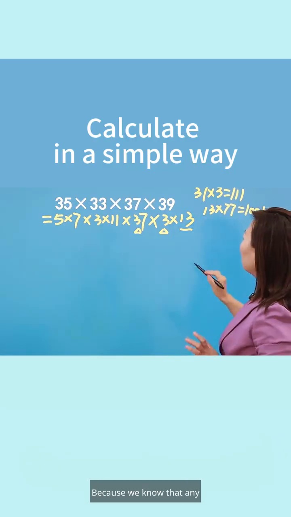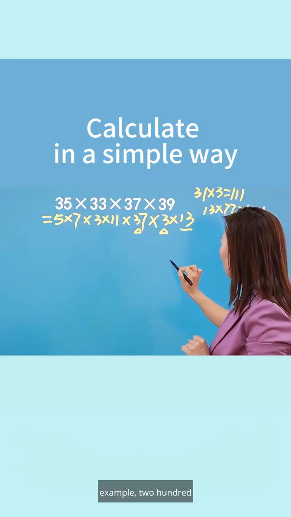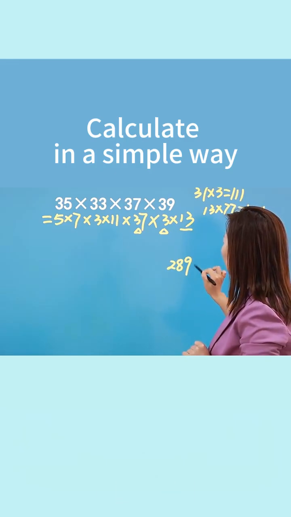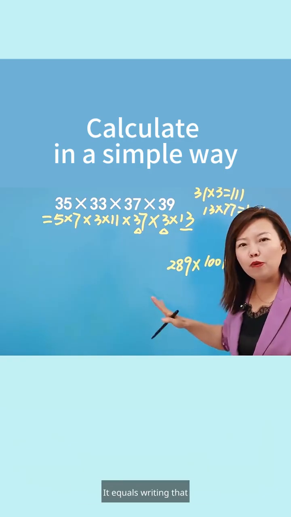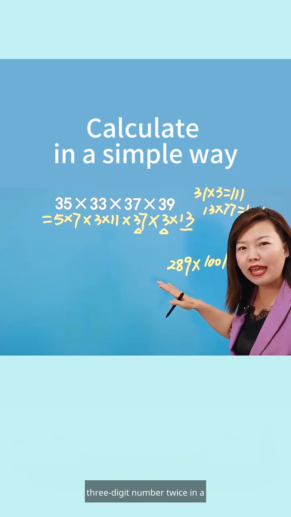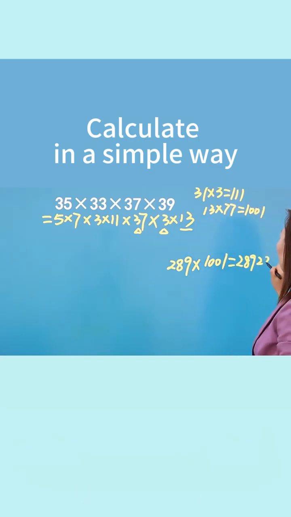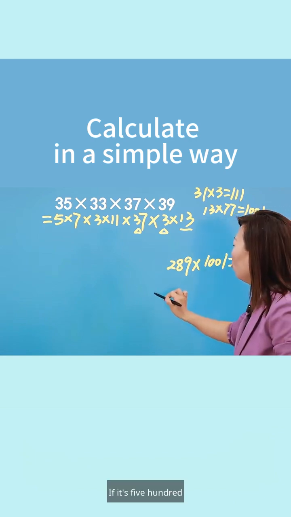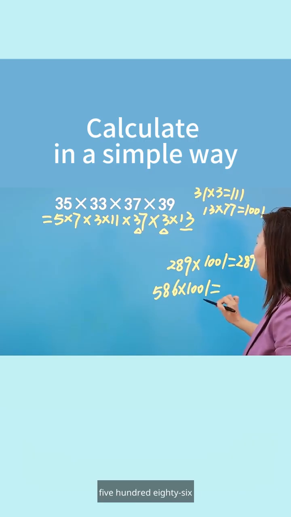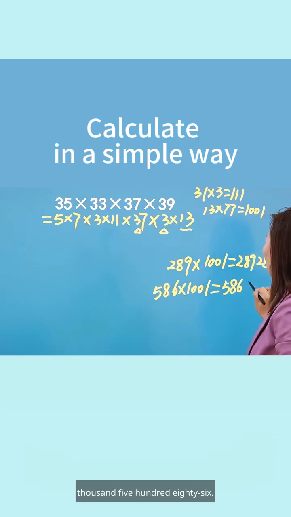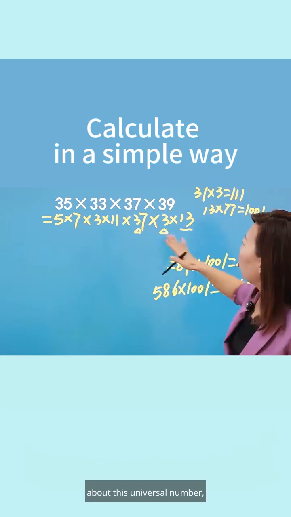Because any three-digit number multiplied by 1001, for example, 289 times 1001, equals writing that three-digit number twice in a row, so it becomes 289,289. If it's 586 times 1001, then the result is 586,586.